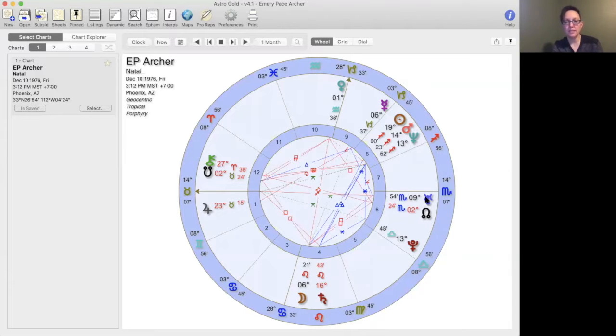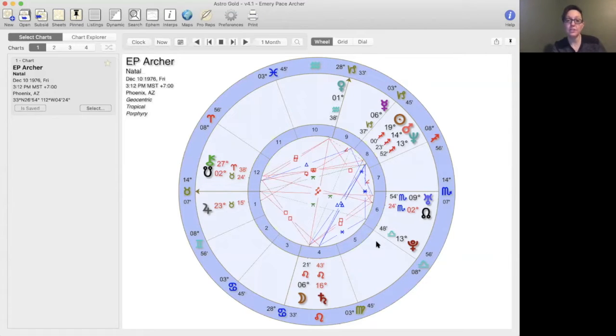The other thing is different types of aspects. We're looking for blue lines or a trine, and you'll read in these relationship advice columns and books that some aspects are harmonious and others are not. Somebody just posted in the group today, and I think she called them positive and negative.